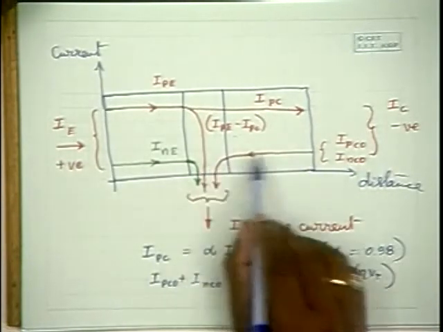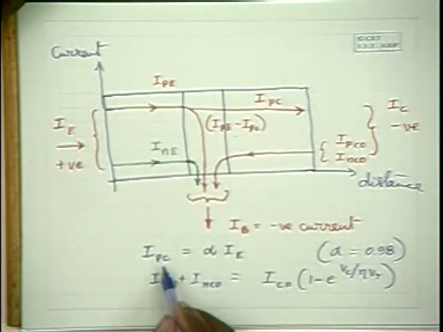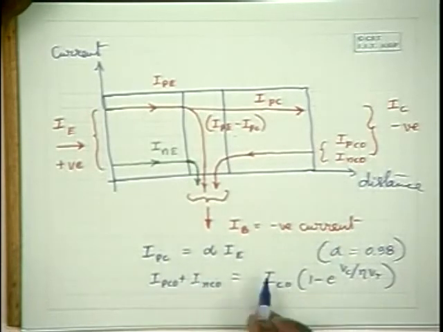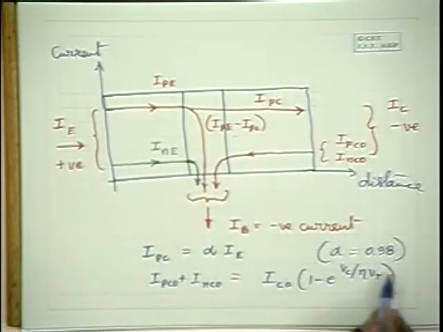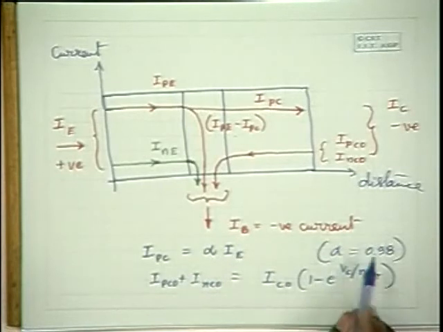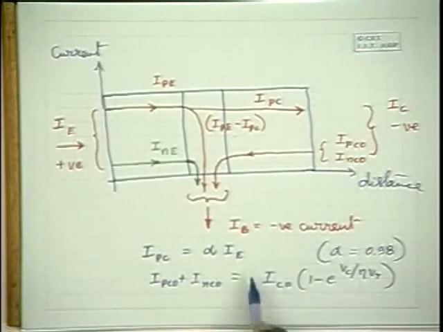And now here we have this reverse biased p-n junction. Therefore, the reverse current can be expressed in this form, where the voltage applied is the collector to base potential Vc, or the collector junction potential. For large Vc, this is approximately equal to IC naught.